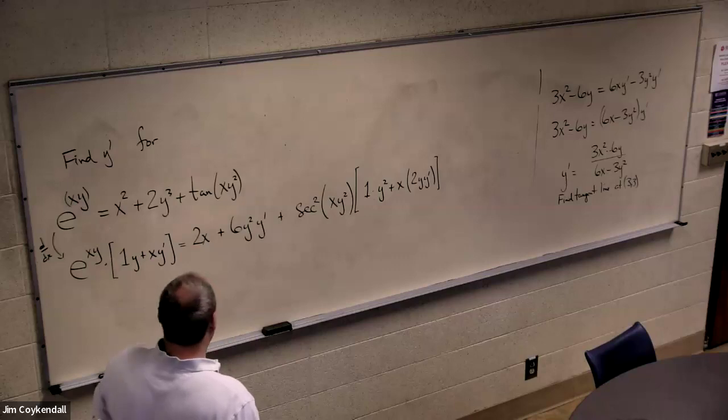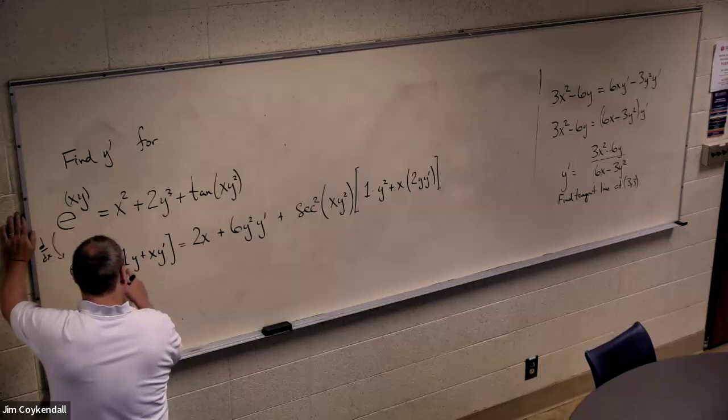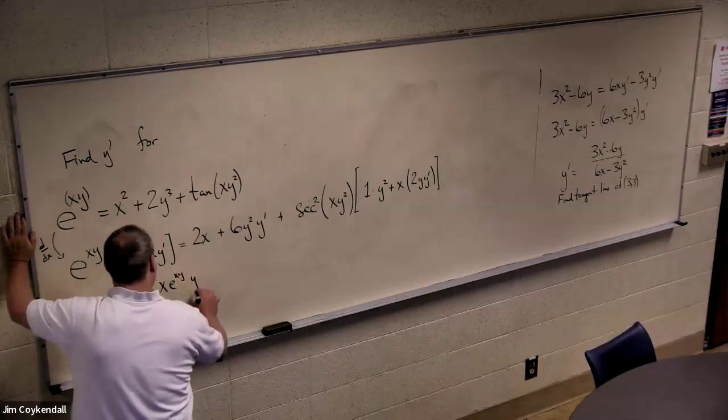Now, unfortunately, here's the algebra step where I'm going to clean it up a little bit. So if I multiply this through, I get y e to the xy plus x e to the xy y prime.